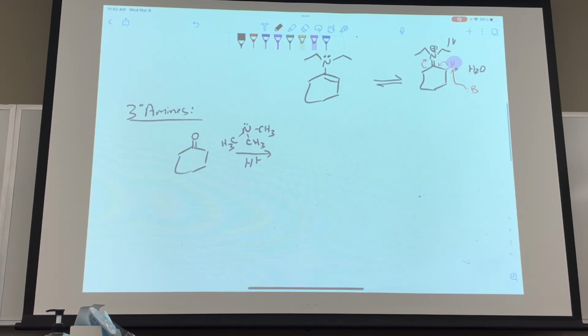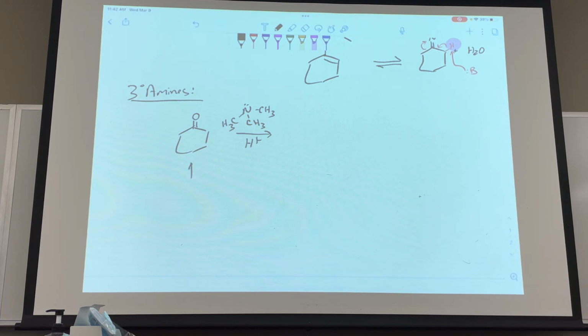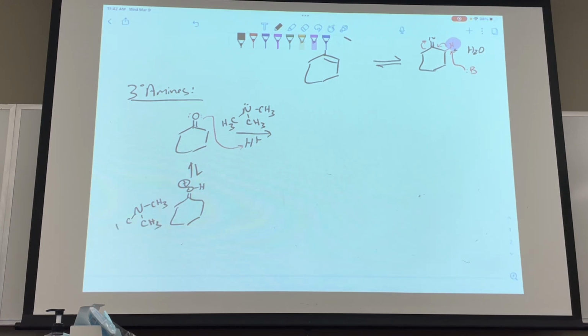All right, so what we're going to do here is the same thing we've done in all the previous examples. You've got a carbonyl, you're using acid catalyst, and so the first thing that would happen is we would protonate to make a good electrophile. And at that point, the nitrogen nucleophile can add in.